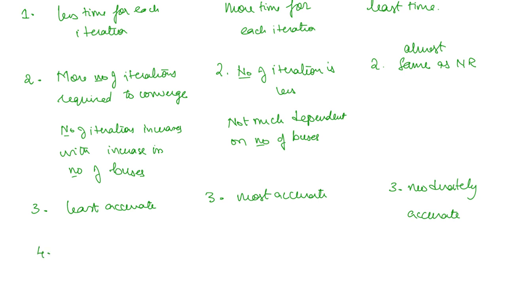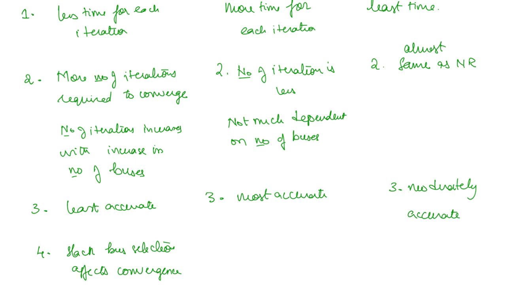Now the fourth point is, in the Gauss-Seidel method, the selection of slack bus plays a role in the convergence. Okay, slack bus selection affects convergence. Sometimes it may diverge if the slack bus is not chosen suitably.